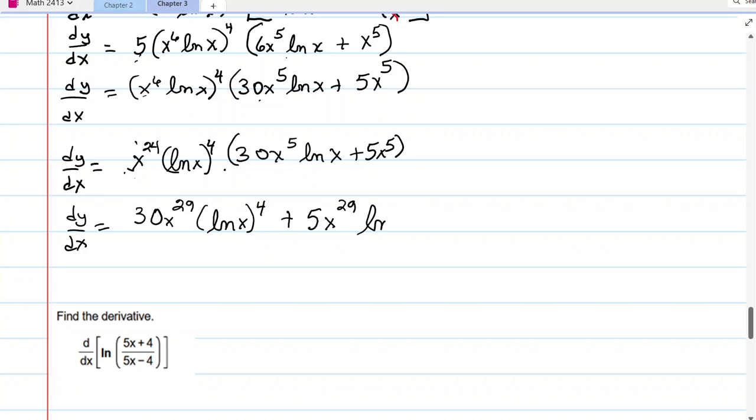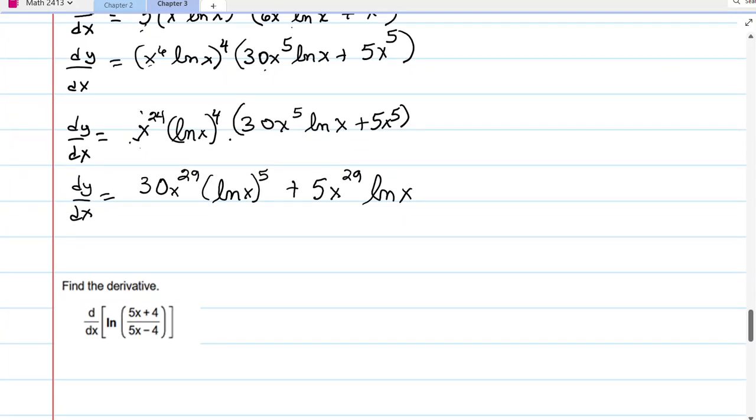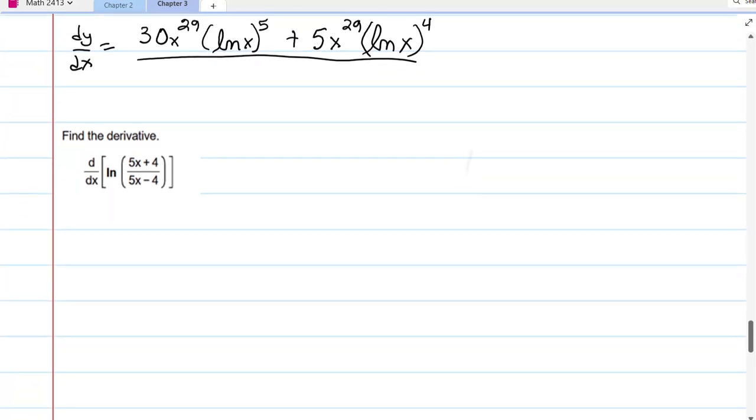Oops, that's an ln of x to the 5. Sorry about that. I'll go back. All right, and there it is. That's it. Pretty fascinating. A little bit of math, that's all.